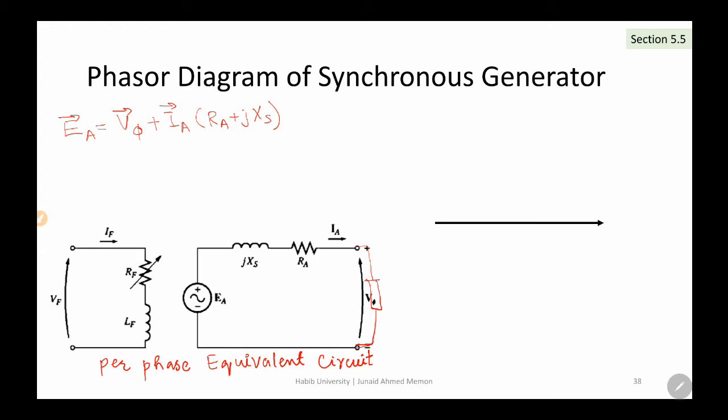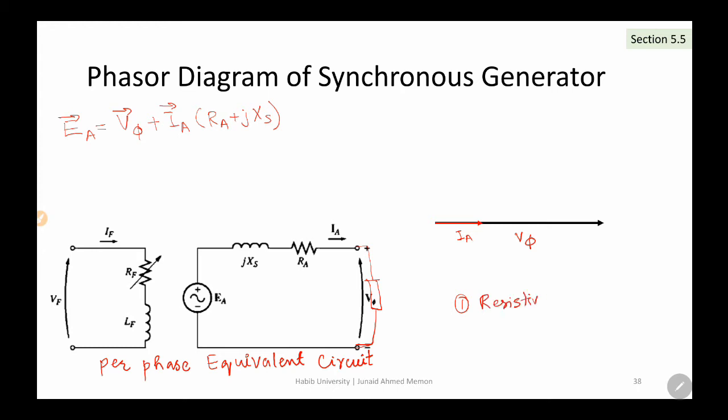So let's assume we have this phase voltage as our reference vector, with respect to which we are defining the angles. This is our V phase. Let's now bring in the load current, which is in phase. The first case we are considering is the resistive load.